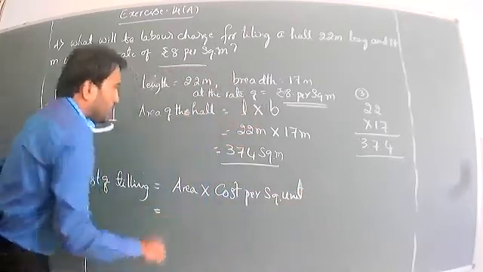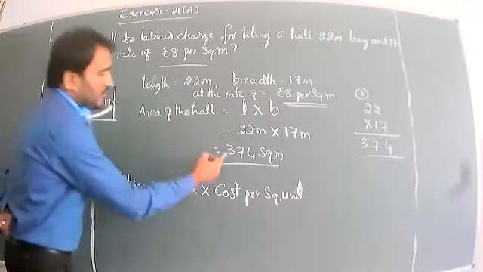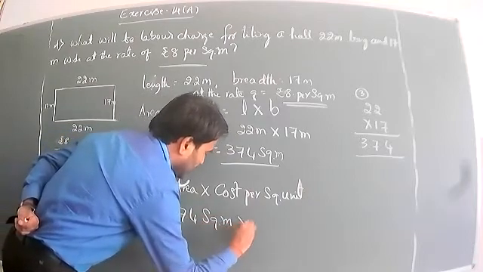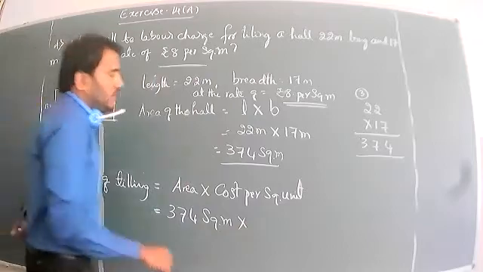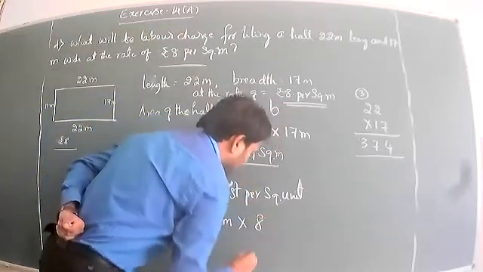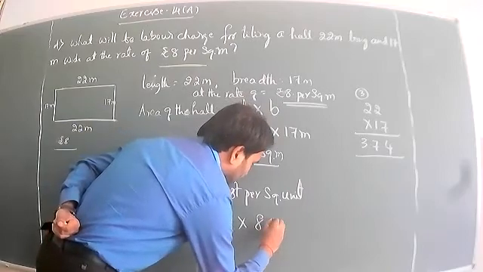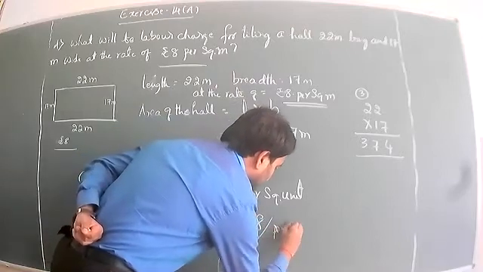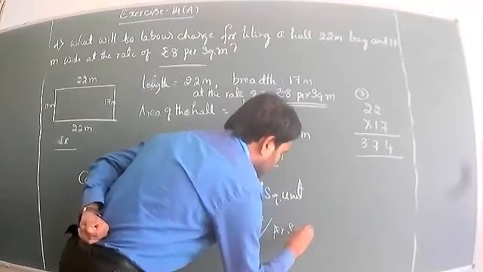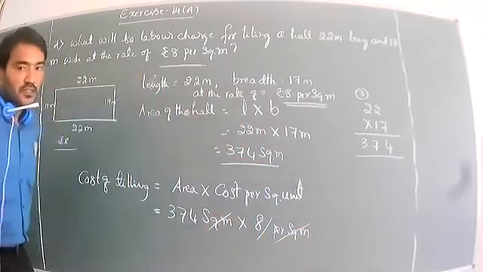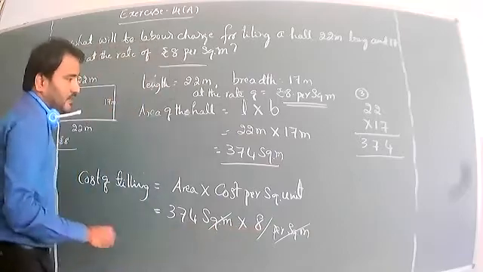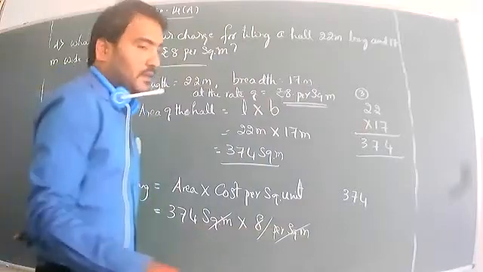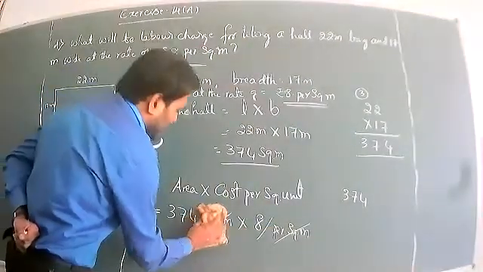Area is 374 square meter into 8 rupees per square meter. The square meter gets cancelled, so we multiply 374 into 8.